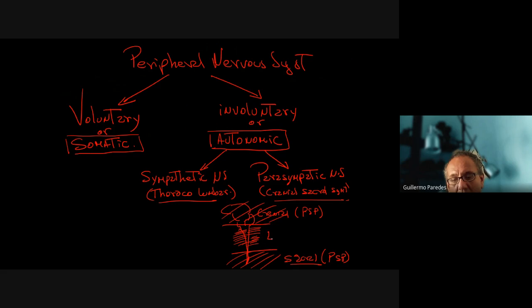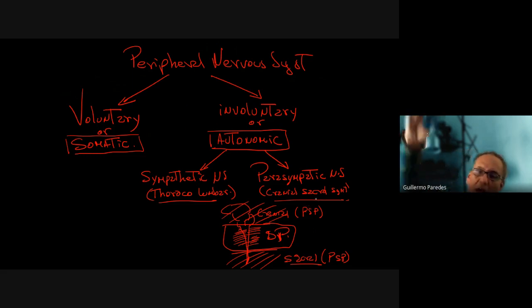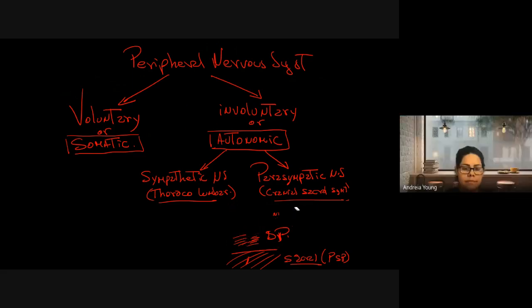So in the middle we have the origin of the nerves that lead to the sympathetic nervous system, and the extremes, upper cranial and lower sacral, are the two origins of the parasympathetic. Is that clear? Okay.